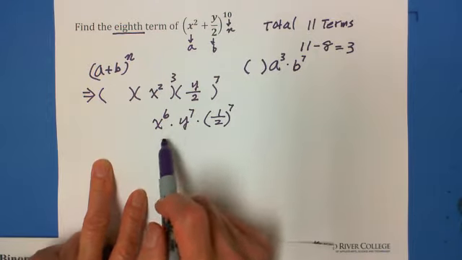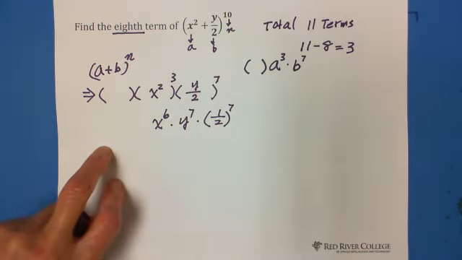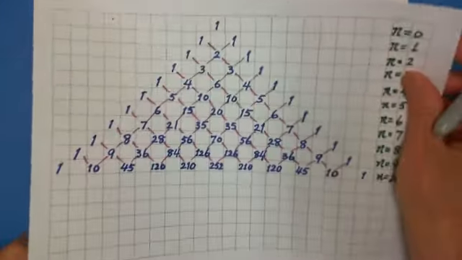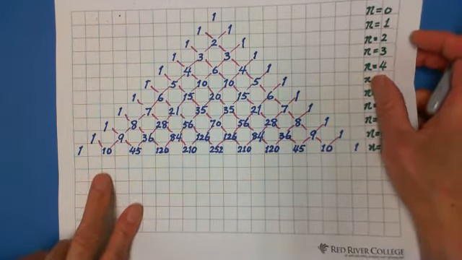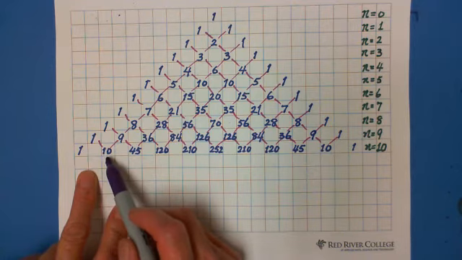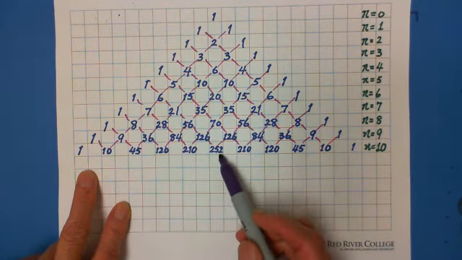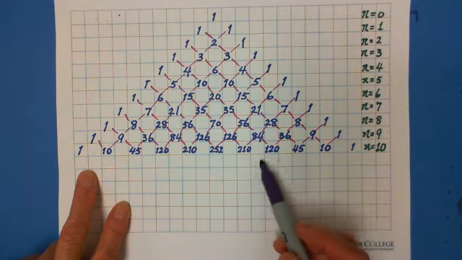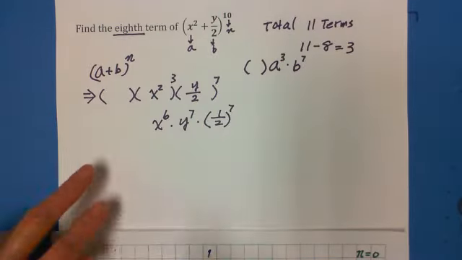Now the second step is to find the coefficient. If you have the Pascal triangle with you, when n equals 10, the coefficient for the eighth term, counting 1, 2, 3, 4, 5, 6, 7, 8, is 120.